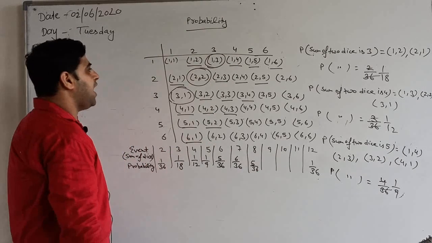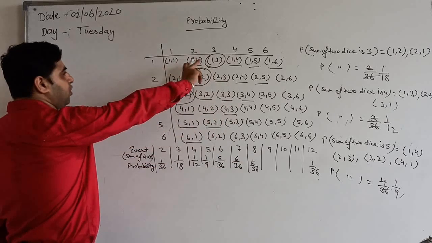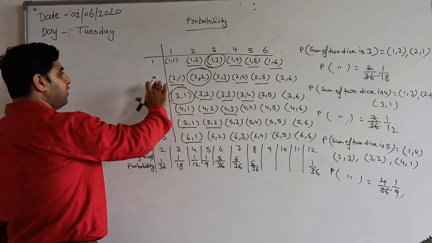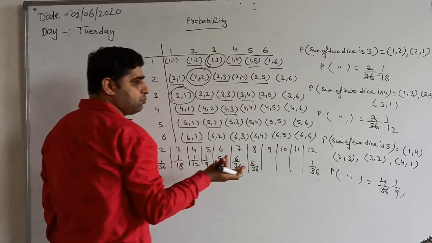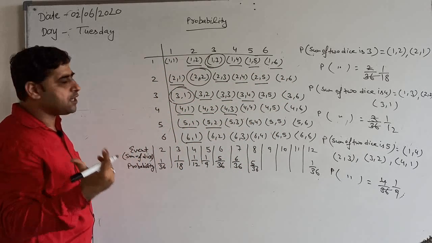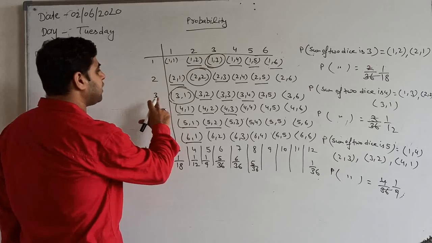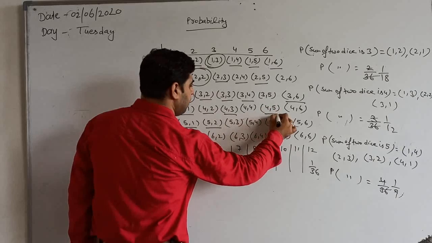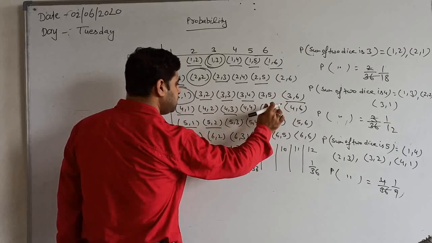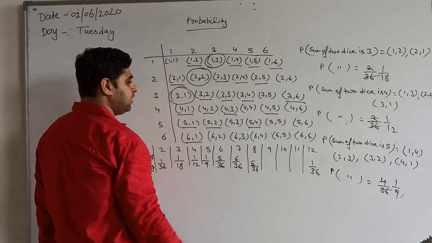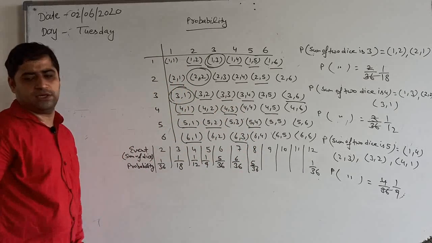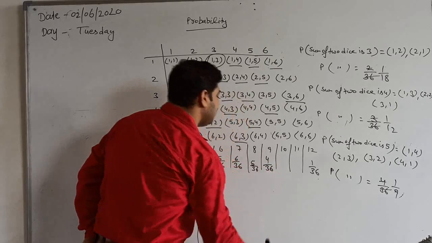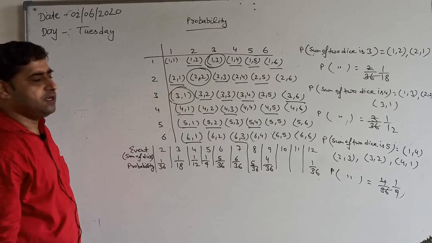Then 8 will be given to them. Actually 9. When we throw two dice, for the sum 8 only 5 will come out: 2 and 6, 2 plus 6 is 8. Not 9. So 9 will come out from 3 and 6, 4 and 5, so 4 times. Here the possible outcomes are 4 by 36.